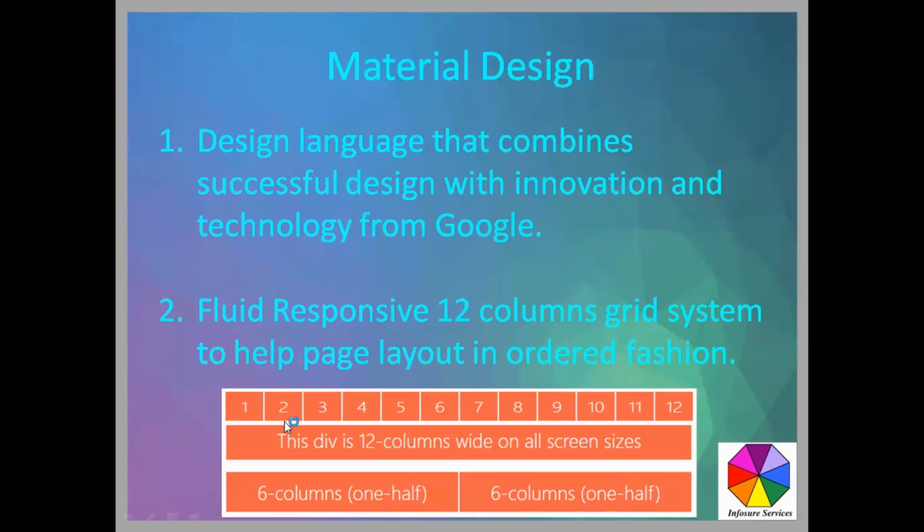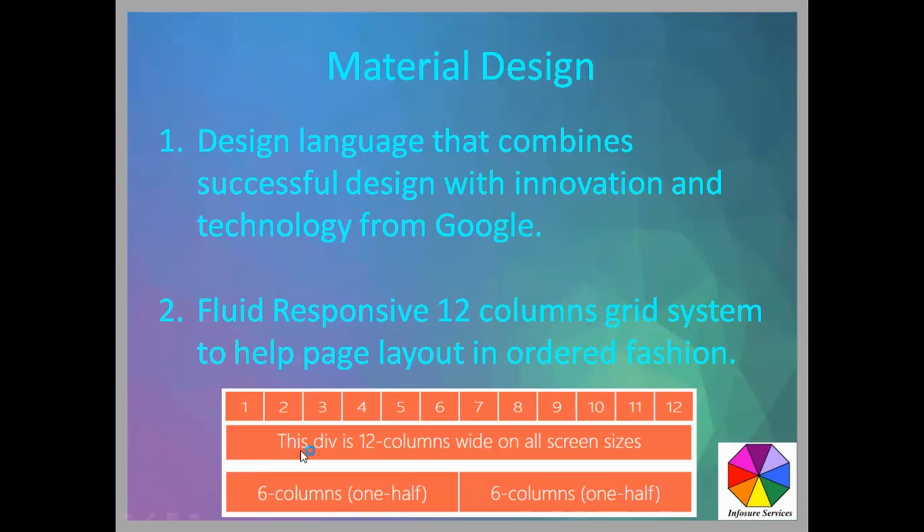Now, what is available as part of that design? A fluid responsive 12-column grid system to help page layout. The page itself is going to have a grid system. Way back, you've seen some part of CSS in Flask, but this is more along that line, where the page can be divided into 12 columns.